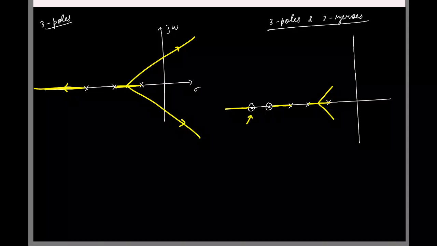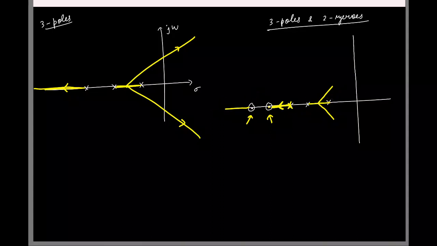2 of them have to end up here, and this guy has already reached here, right? So they have 2 zeros and 1 zero at minus infinity. So this pole will reach the 0. Basically, these 2 guys will start to branch out like this, but finally one has to go here, other has to go to minus infinity. Is that fine?